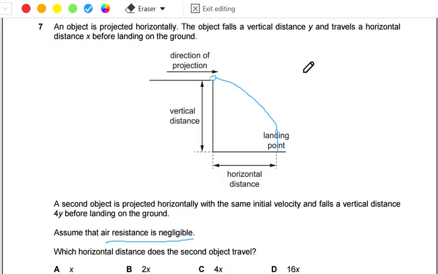So finding time, if we have distance and we don't have anything else except initial velocity and acceleration, simply by using s equals ut plus half at squared. So it is half gt squared.